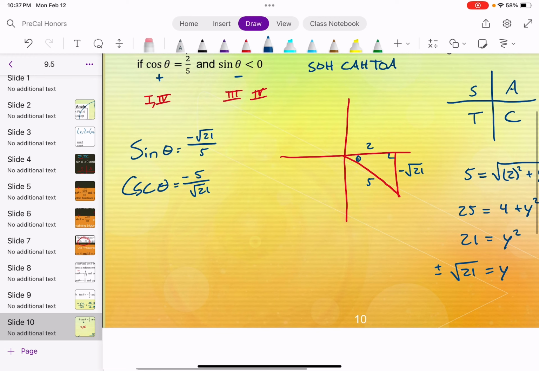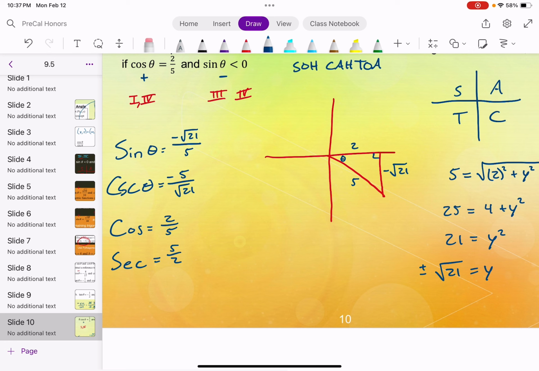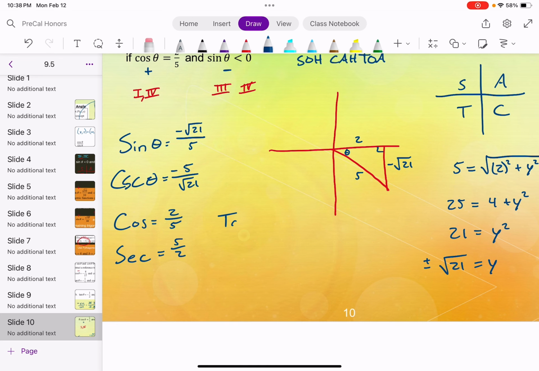We're going to go with cosine, which we already know is 2/5, which means secant is 5 over 2. And our last remaining pair would be cotangent and tangent. Tangent is equal to sine over cosine.